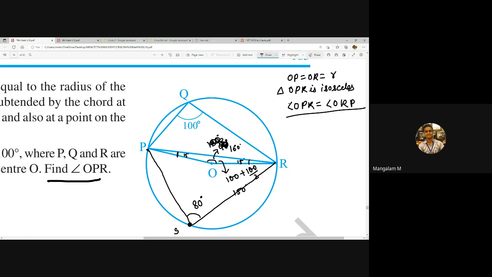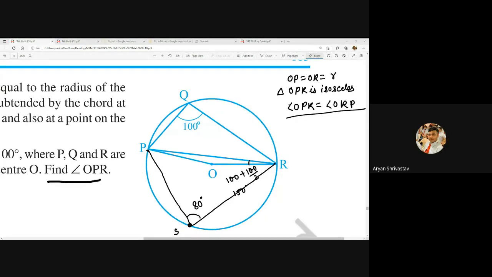Very good. हाँ, ये मैं मिस कर रहा था. ओके. Sir, and as we know, the property of triangle is that if the two angles are equal to angle R, then both angles are equal, so we can take them as x, and x plus x plus 160 degrees equals 180 degrees.